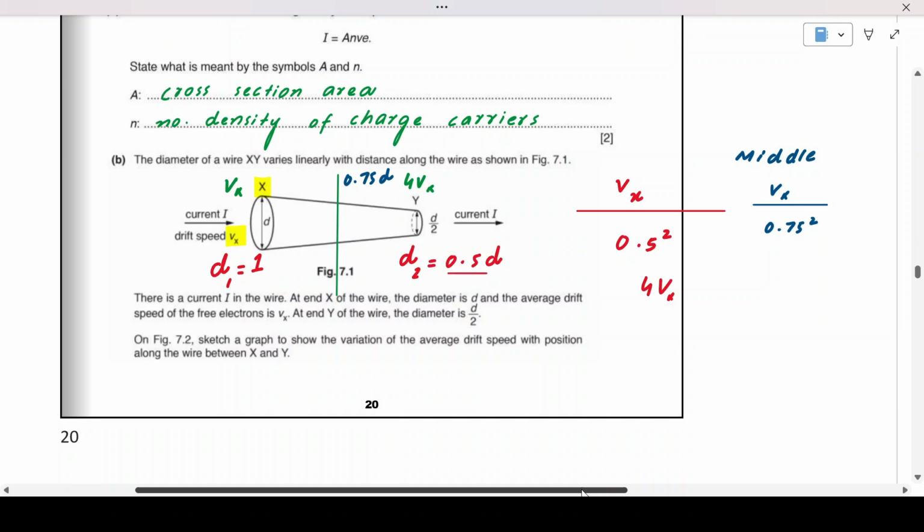Let me take a look. It is 1.777, so I can write it as 1.8 Vx. So you see it's close to 2, but it's not exactly 2. So the drift speed in the middle is 1.8 Vx.